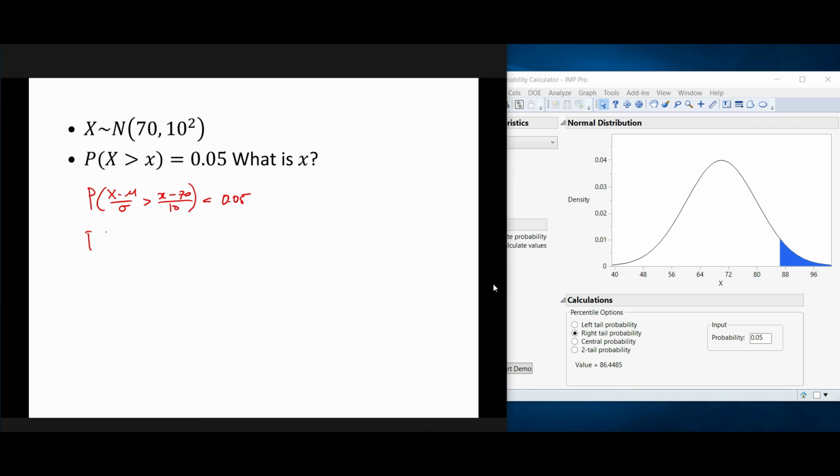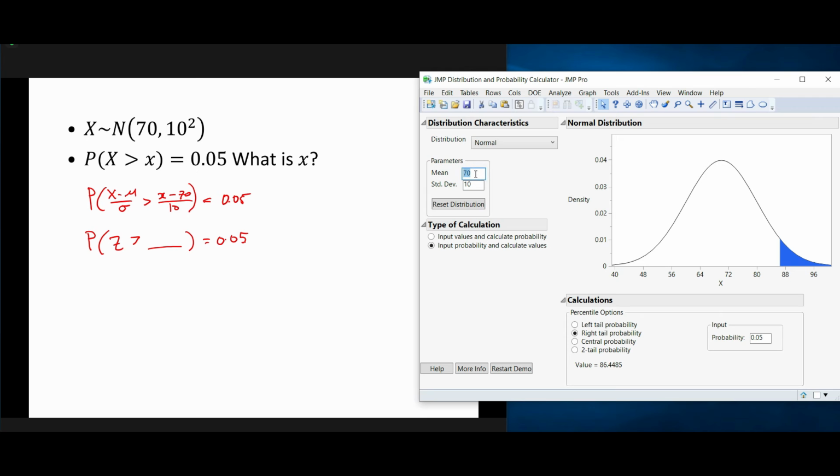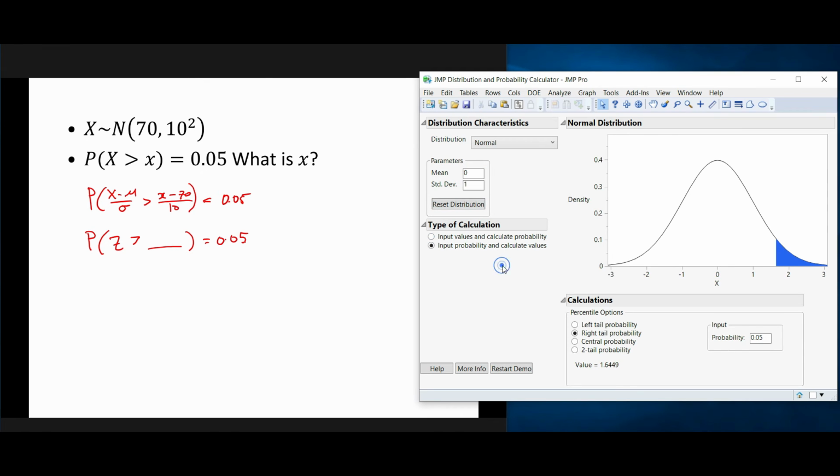That's the probability that a standard normal random variable is greater than some quantity that has 0.05 of the area in the upper tail. And so if we're to use our distribution calculator, I can put in 0, 1 here for our standard normal. I'll specify that I have 5% in the upper tail. That gives me a value of 1.645.